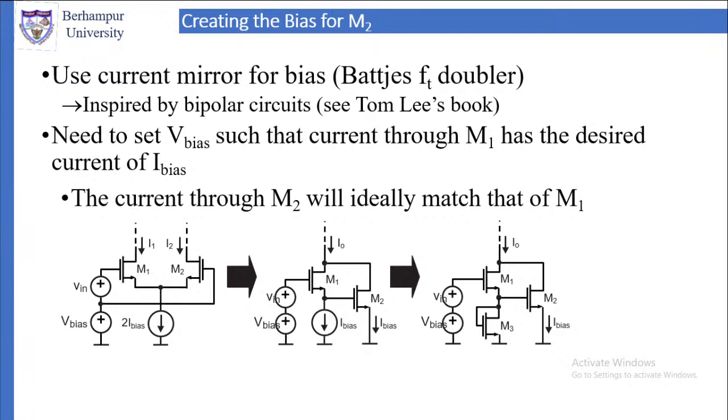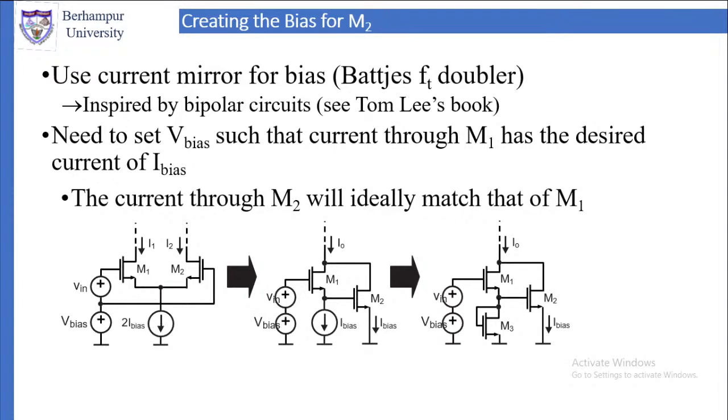Then we look at the equivalent using a proper cascade connection, which is the third one, the last one. In the last one, to realize I bias for the M1, we use another device M3.